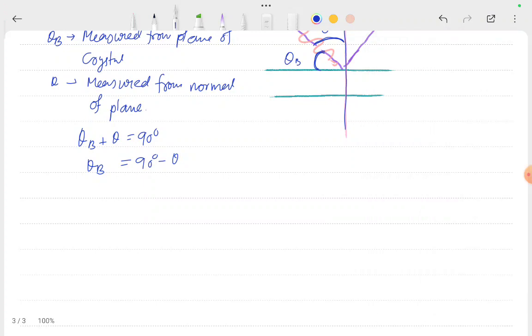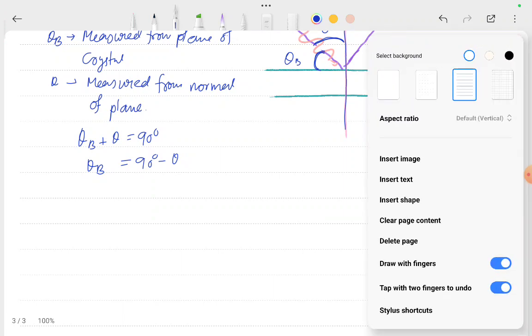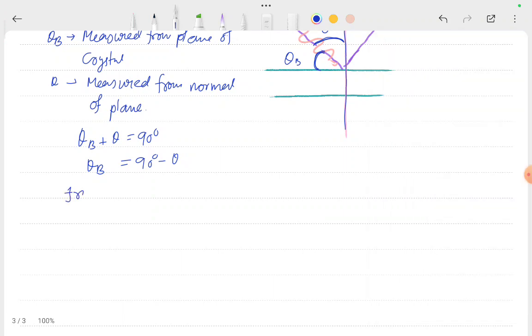Now from Bragg's law, 2 d_HKL sin theta_B equals n lambda.